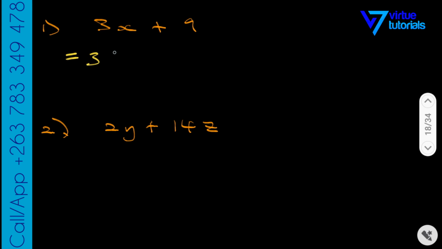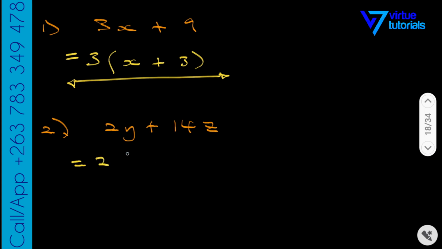Now, once we've factored out 3, we literally just divide. 3x divided by 3, I just get an x. 9 divided by 3, I just get a 3. So this is our factorization. If I were to multiply backwards, 3 times x will give me 3x, 3 times 3 will give you 9. So this is equal to that. If I look at 2y and 14z, what's the largest number that can go into 2y and 14z?